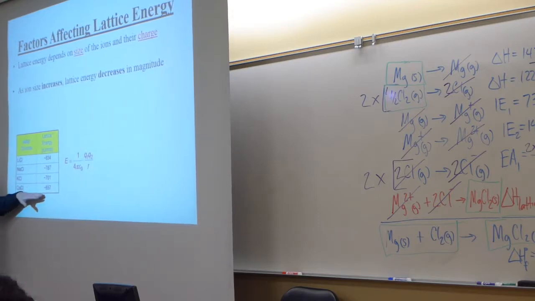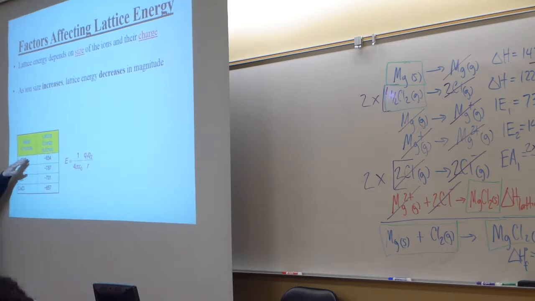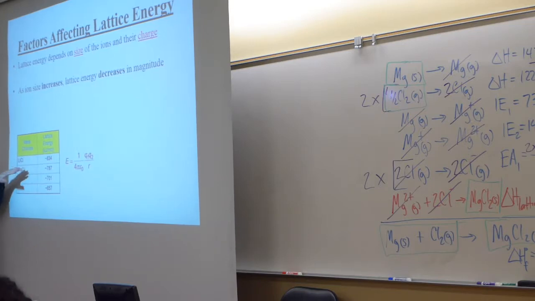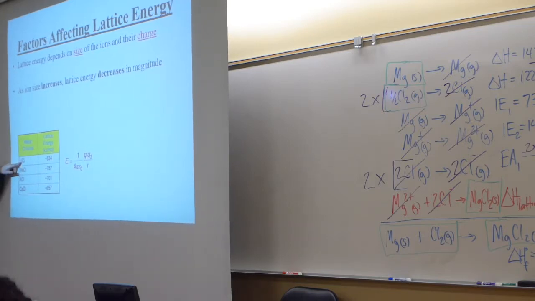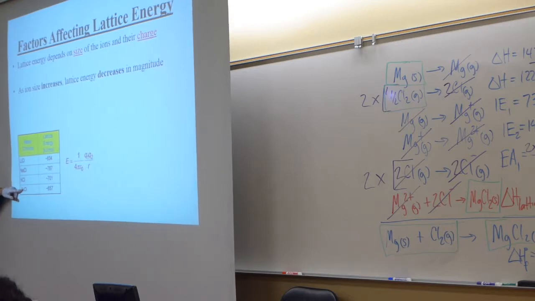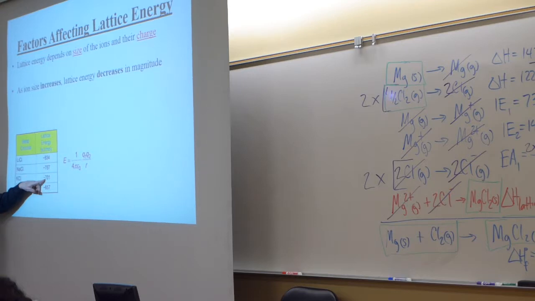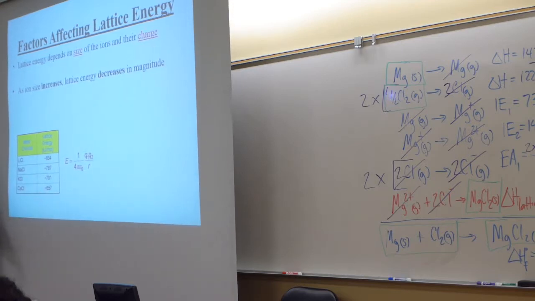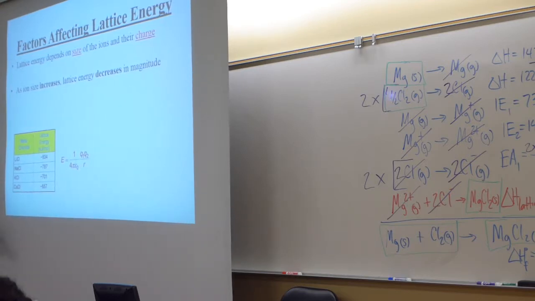So the reason lithium chloride would have a higher melting point or a more exothermic lattice energy is because lithium is a smaller ion relative to these others. As the ions get bigger, the lattice energy gets less exothermic and the melting points decrease.